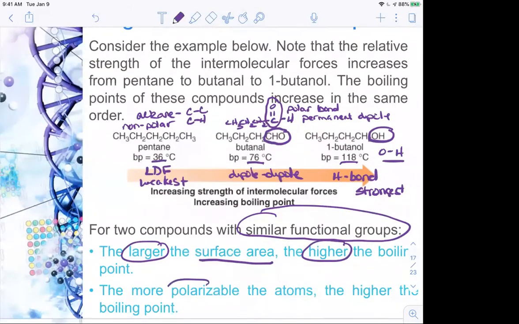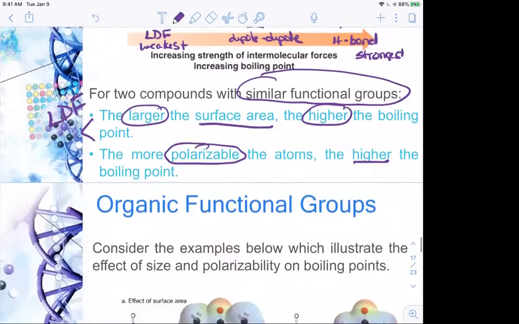And the more polarizable something is, the higher the boiling point. This is generally when I look at London dispersion forces. If I have very long molecules that have a lot of hydrocarbon pieces and a little bit of a polar group, maybe an alcohol or an aldehyde, I have to take that on a case-by-case assessment.